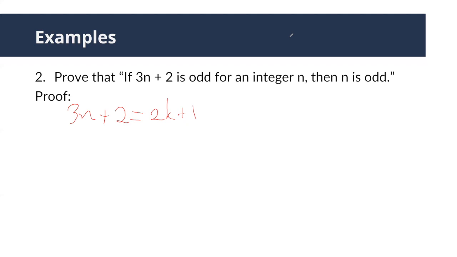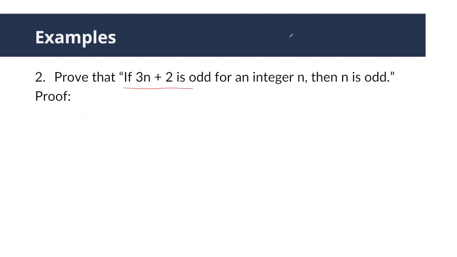Then, in order to show n is odd, you have to be able to derive n, which equals. Then we run into a similar problem, which is it's hard to argue why this number is odd. Therefore, we can use proof by contraposition.